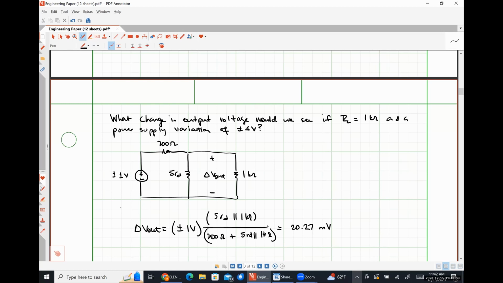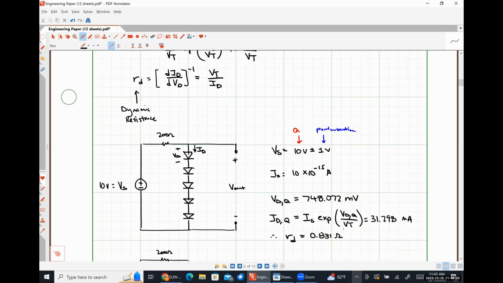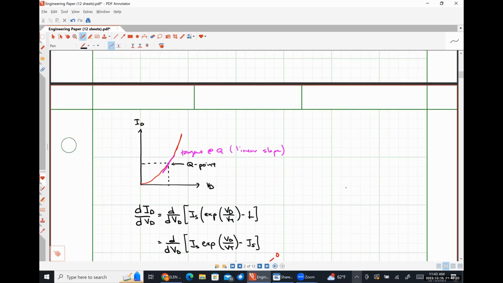But realistically, we're not going to load things that low. Let me scroll back up here.